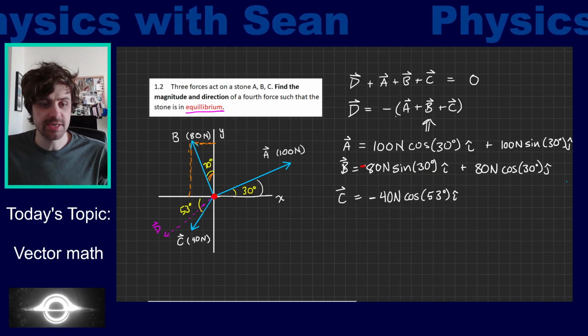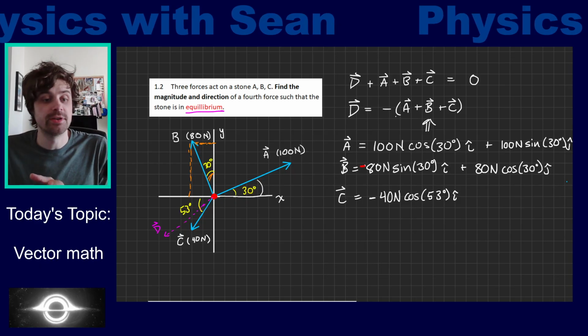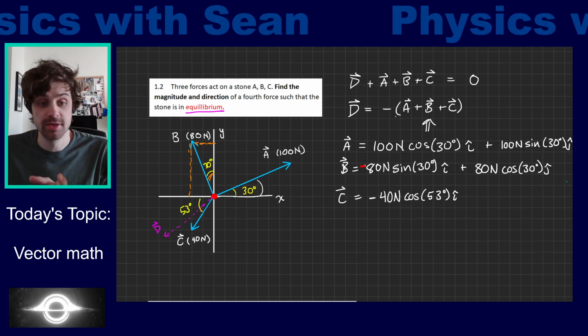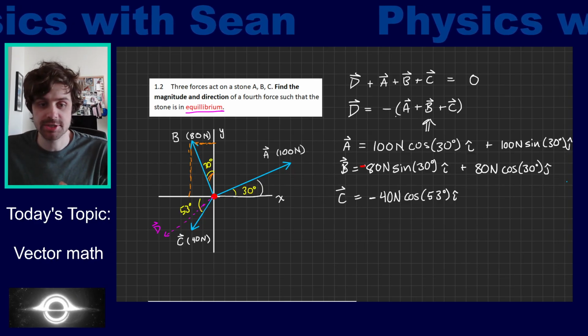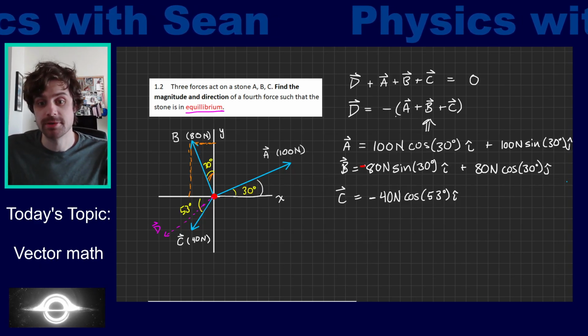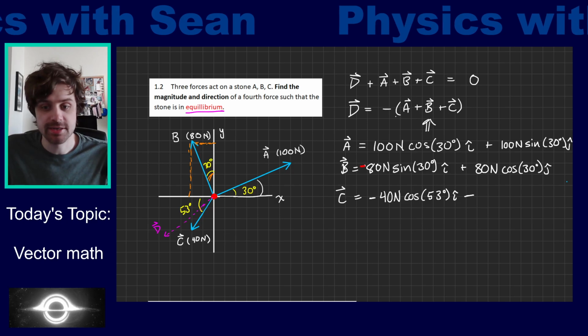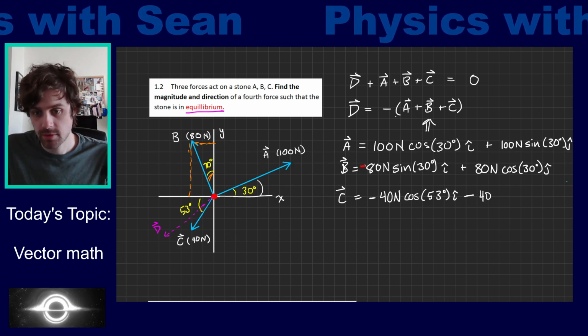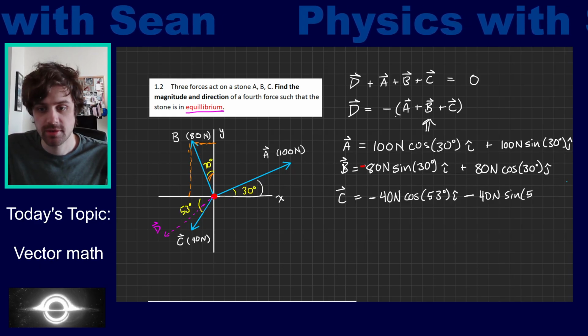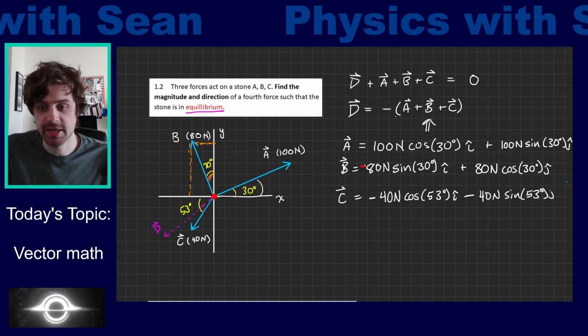And for vector C, unlike vectors A and B, whose vertical components point up, it's pointed downwards for the vertical component. So we've got to have a minus sign here as well: 40 newtons times sine of 53 degrees in the j hat direction.